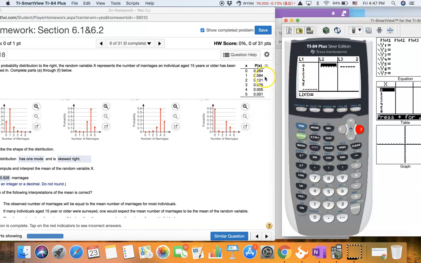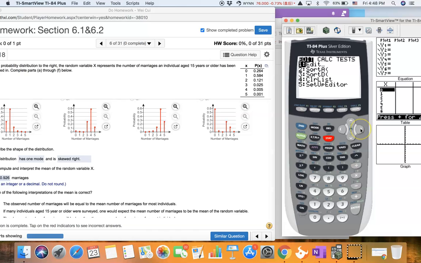So we start typing the probability: 0.264, enter, 0.584, enter, 0.121, enter, 0.025, 0.005, and 0.001.